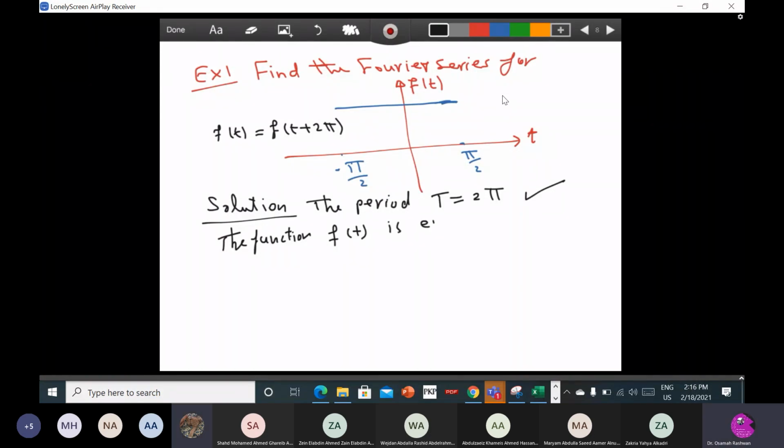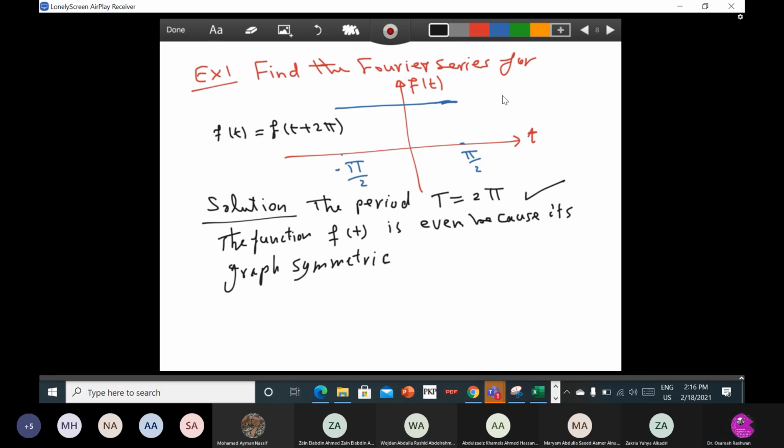Because its graph is symmetric with respect to the y-axis. Or if you are given a function, you replace t by minus t. If you get the same value, it means an even function.